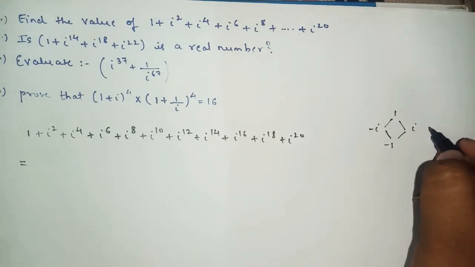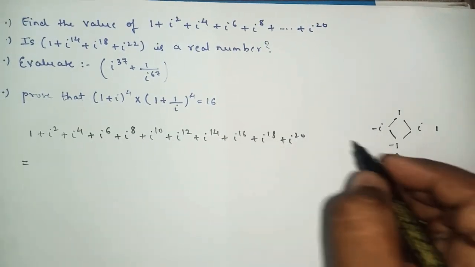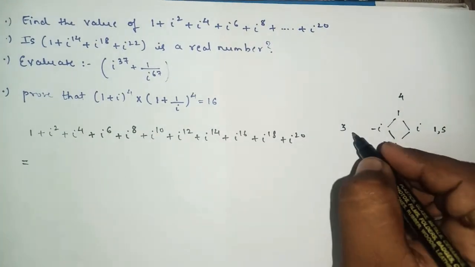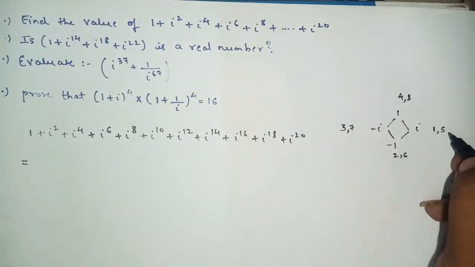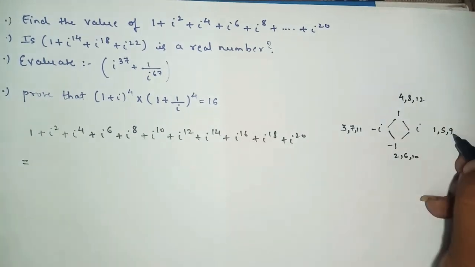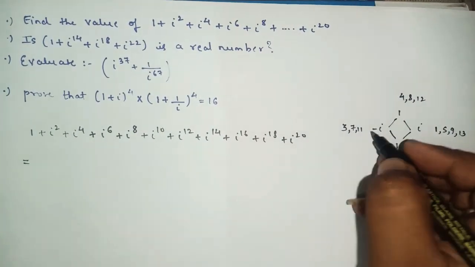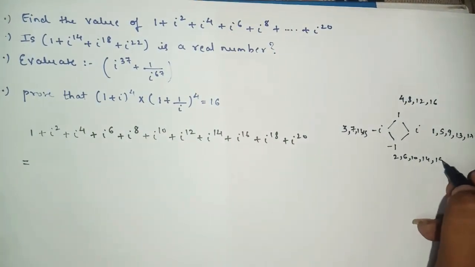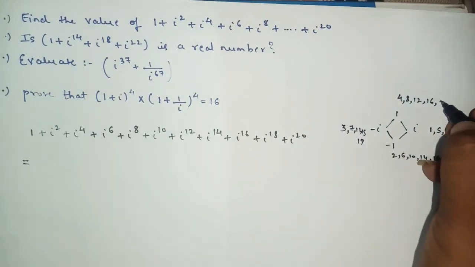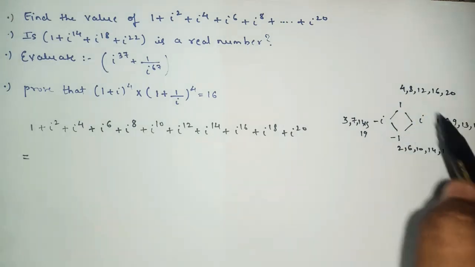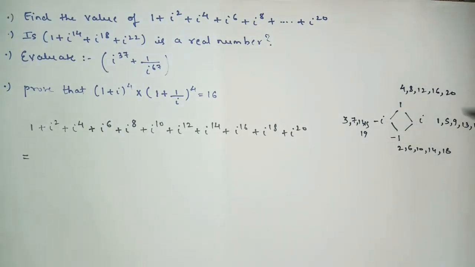So this is 1, 2, 3, 4, 5, 6, 7, 8, 9, 10, 11, 12, 13, 14, 15, 16, 17, 18, 19, and 20. As I told, whenever the power of I is up to 20, you can use this concept, a shortcut method in which you can find your answer easily. Okay, this is the one method.